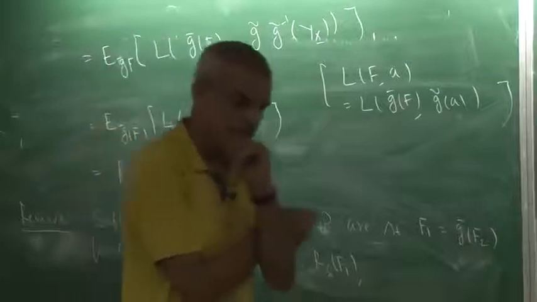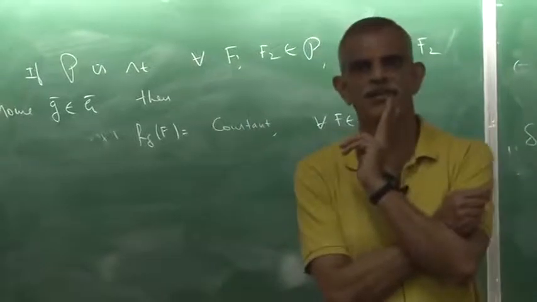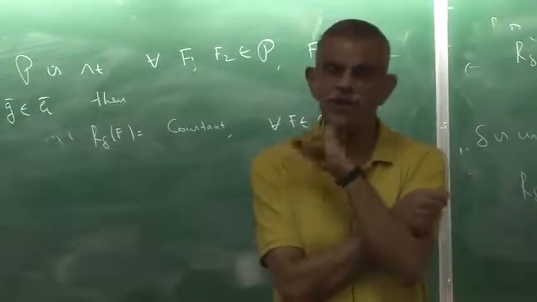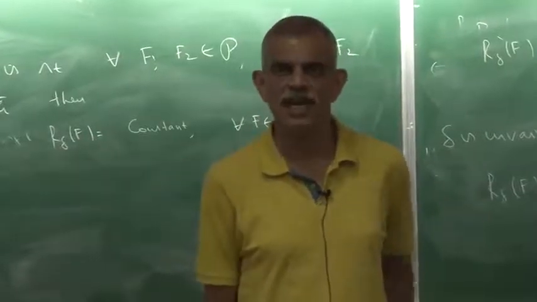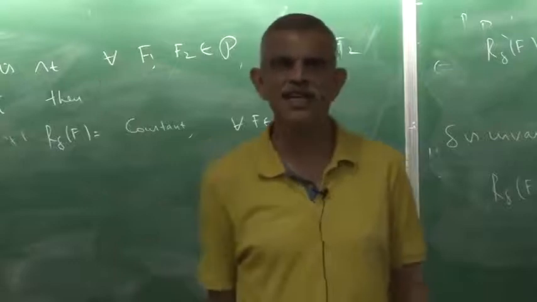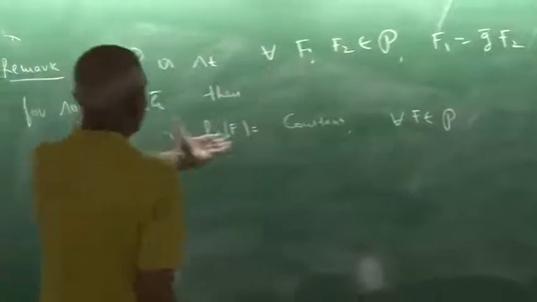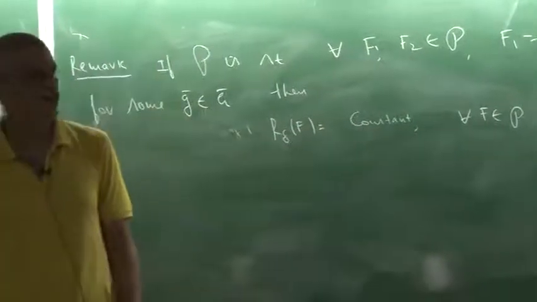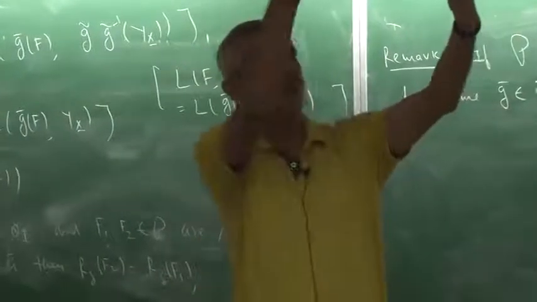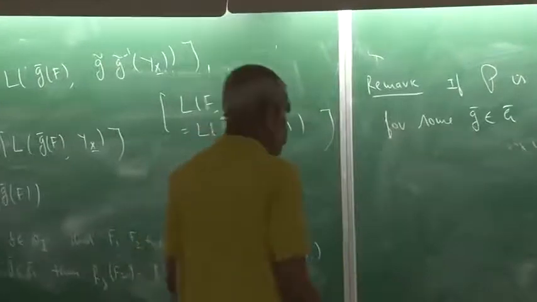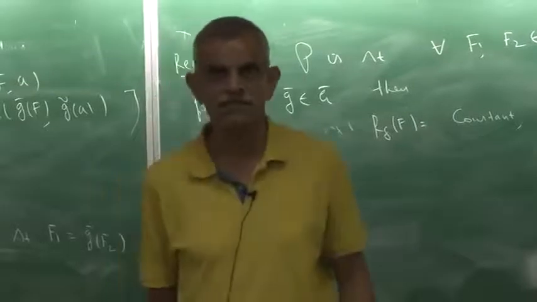So what it says? It says if you consider any invariant rule, its risk will not depend on f. And if you recall why we were not able to find the best estimator, because my risk function depends on f or theta. And it is not possible to minimize r delta f or r delta theta for every f or every theta. But now it no longer depends on f or theta. So what I have to do? There are a few constants, and I look at all invariant rules whose risk is constant. I look at the one which has the smallest constant risk, and that may be possible.